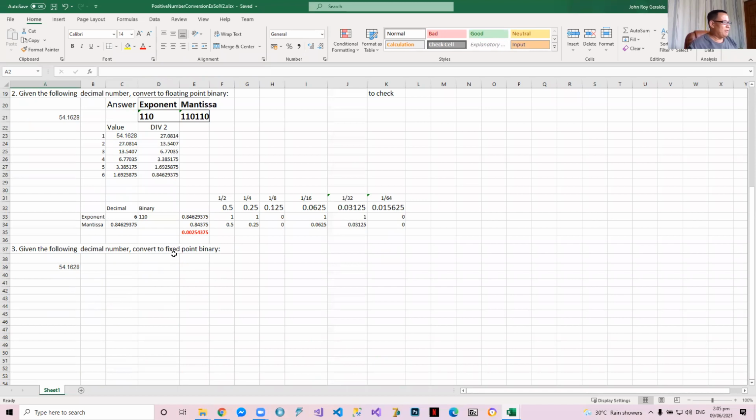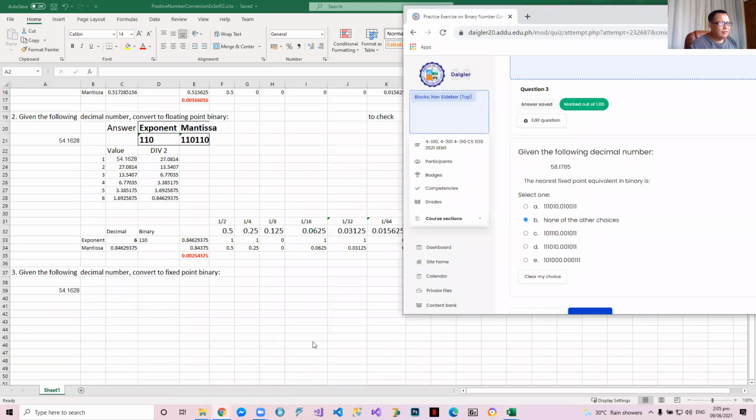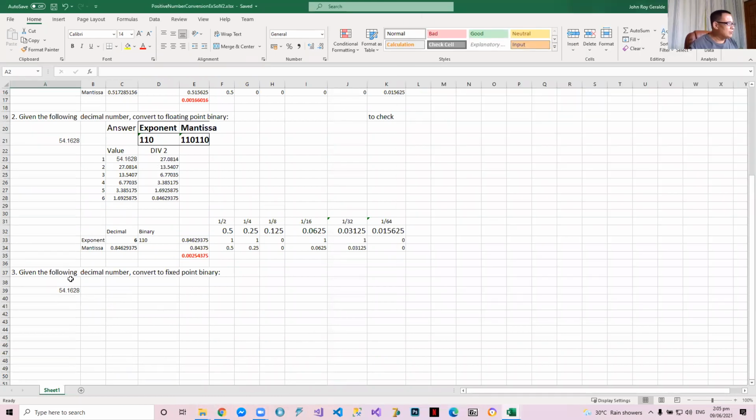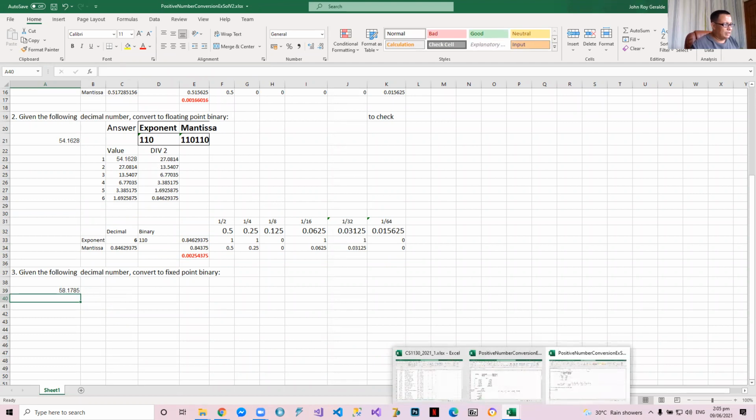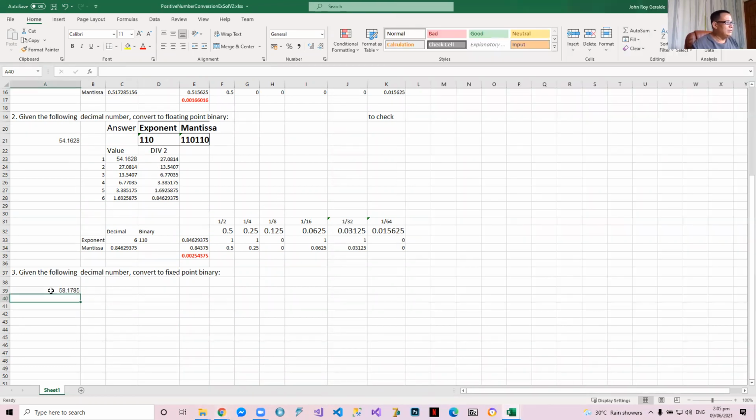Floating point, a fixed point. It's not 54.1.68. It's 58.17. 58.1785. We'll just have to retype this, because it will convert it into a string. It will just copy and paste. 1785. We have that already. I'm just going to expand this a little.